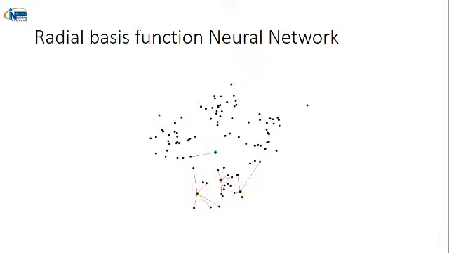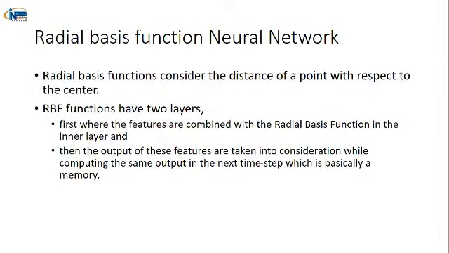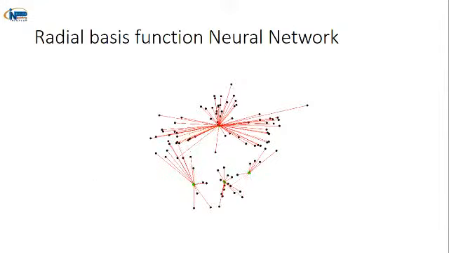Let us move ahead and see the next one, RBF, which is called the radial basis function neural network. You can see in the diagram how this function is working. This function works by considering the distance of a point with respect to the center. Consider the distance of a point with respect to the center, and here you can see it is doing the same thing.